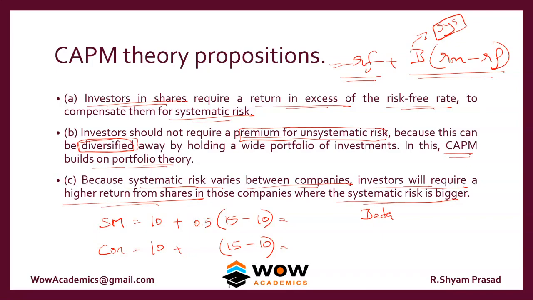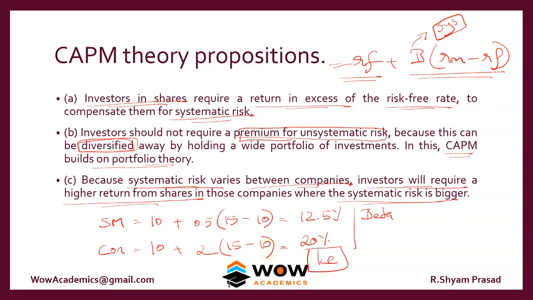Construction business usually are very risky business, hence their systematic risk is higher, hence their beta is higher, so we will take 2. Let's see what is the KE for these two companies. So here we solve this, 5 into 0.5 it comes to 2.5. So the KE for supermarket business is 12.5, and the KE for construction business is 20.